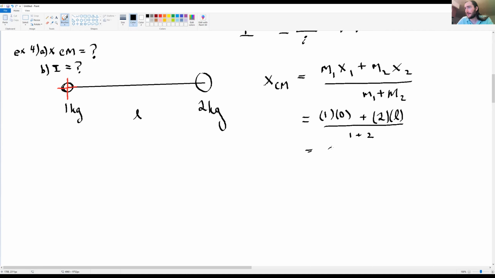And what we end up with is the x center of mass is 2/3 L. So somewhere over here. And that makes a lot of sense because we have more mass on that side. So this distance right here is 2/3 L. Then this distance right here would obviously be 1/3 L, right?